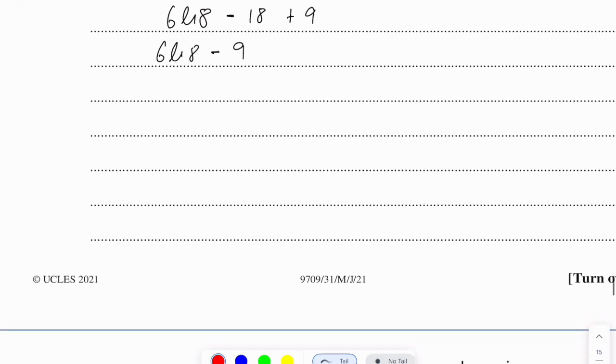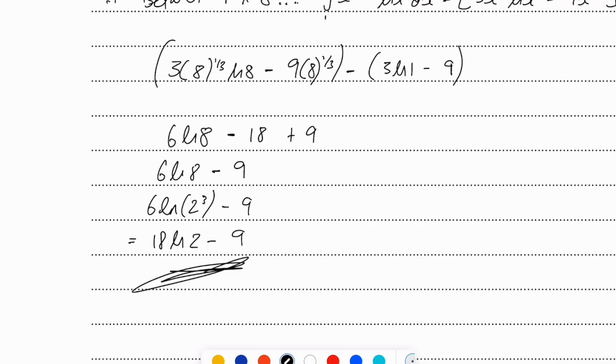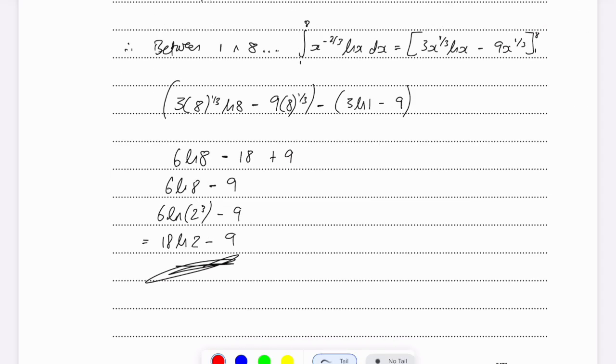So what I can say is to get to that, we have 6 ln 2 to the power 3 minus 9, and we can bring this 3 over. 18 ln 2 minus 9, and that's going to be your final answer there. So really, this is a pretty standard question.